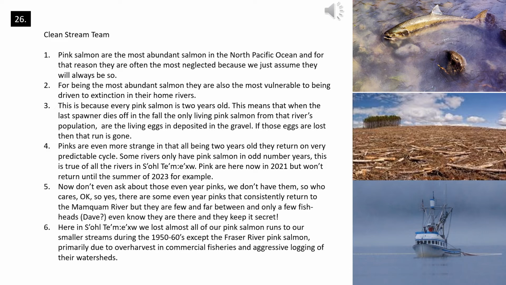Effectively, all the smaller runs, particularly below Mission Bridge, where there was an intense gillnet fishery in the fall every year, went extinct in the 50s. They just disappeared. And it was overharvest in those commercial fisheries and coincidentally aggressive logging of their watersheds, and to a certain degree in some of the more urban streams, yes, urban development and development of the lands along those streams. They all conspired. Pinks were gone below Mission Bridge and the Fraser River and its tributaries by the 1950s.